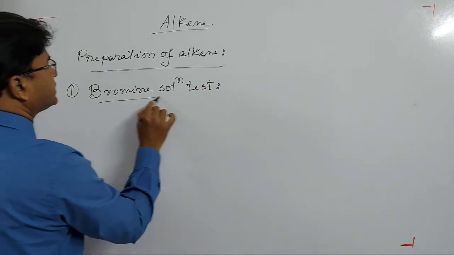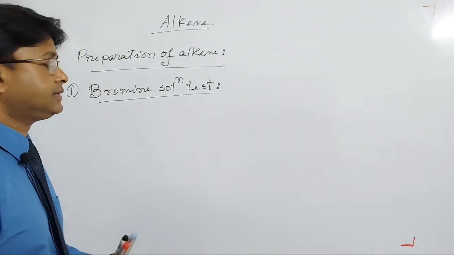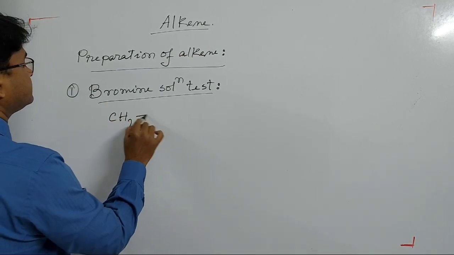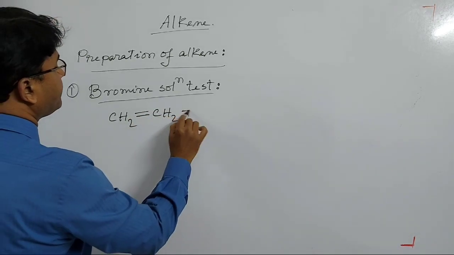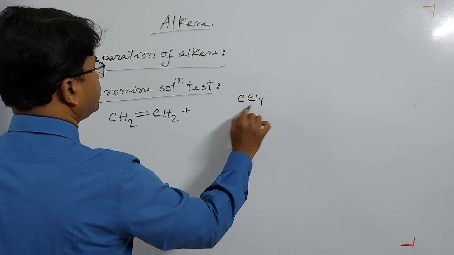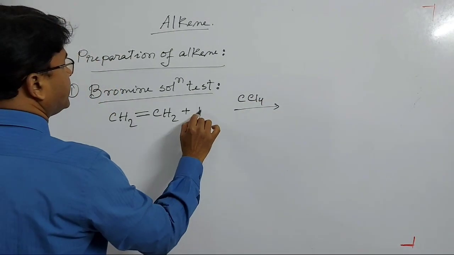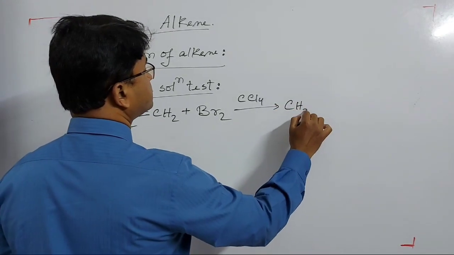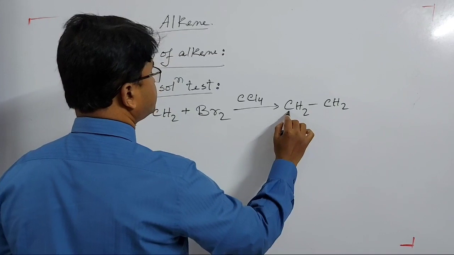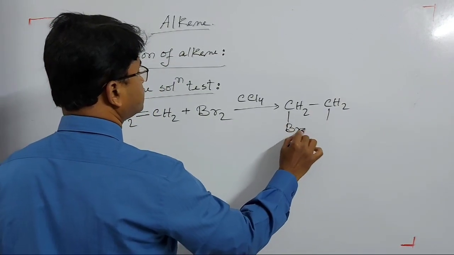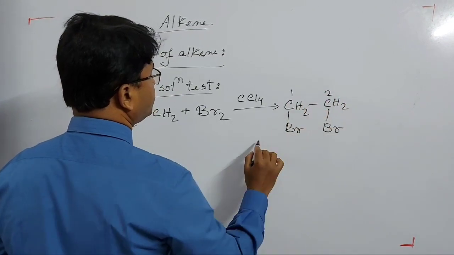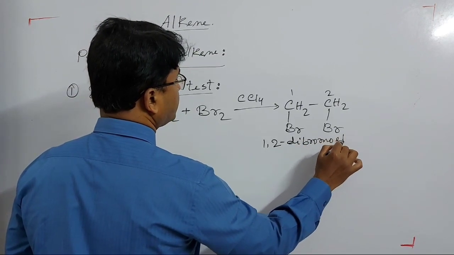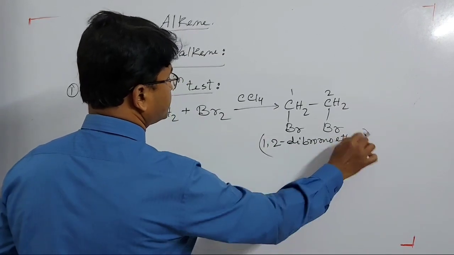Bromine solution test. Actually, all of you know that bromine is a red color liquid substance, and here if I consider ethene in the presence of carbon tetrachloride, and if I add red color bromine to ethene, the red color disappears and 1,2-dibromoethane is produced here.